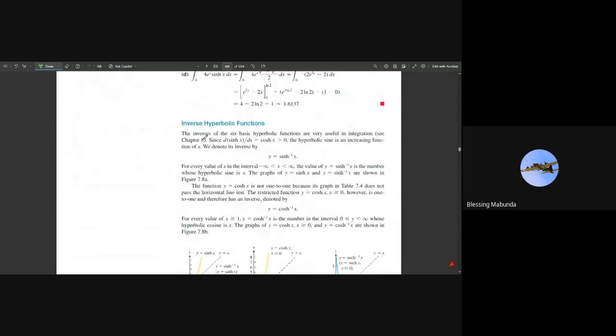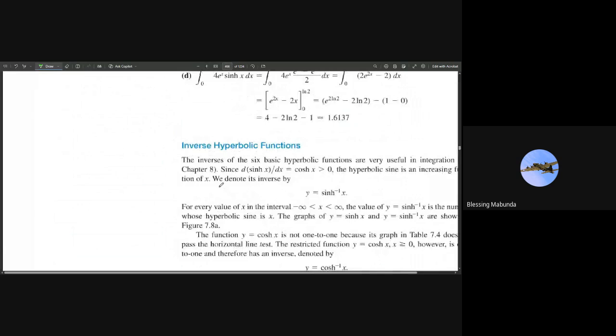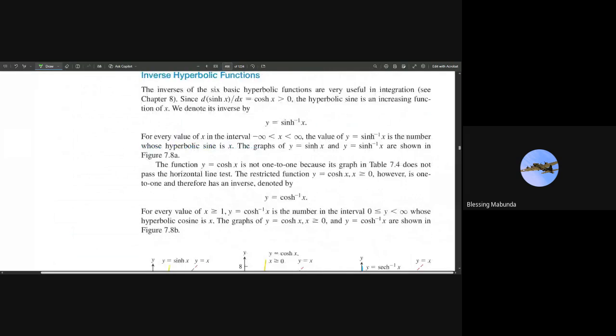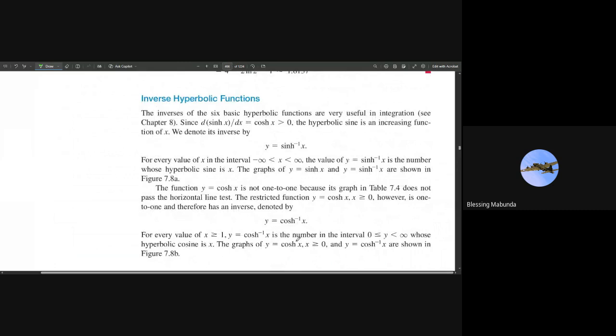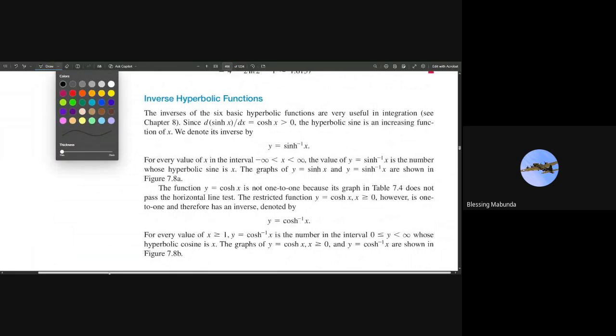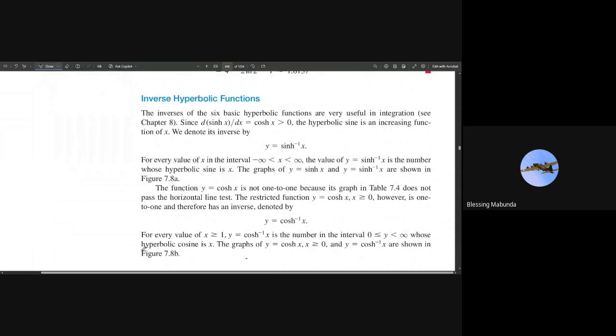Okay. So we are now looking at inverse hyperbolic functions. The inverses of the 6 hyperbolic functions are very useful in integration.